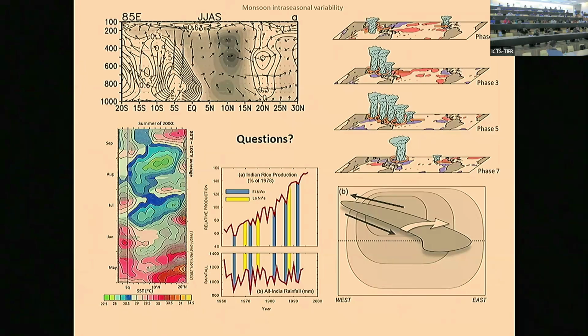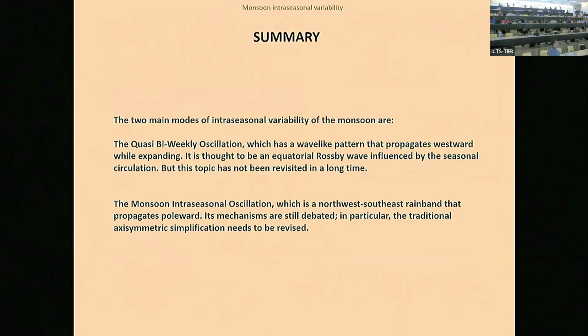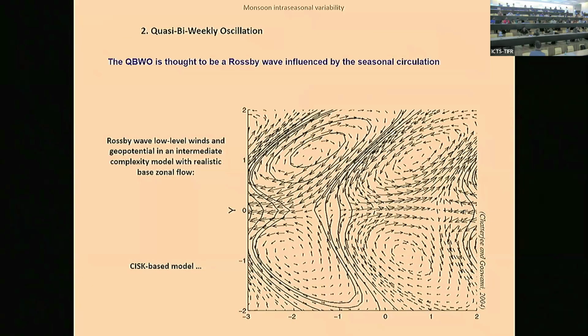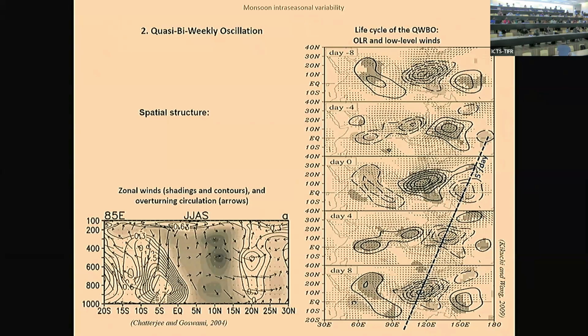It is true that, apparently, for the QBWO we do have something that propagates at the speed that we expect from a Rossby wave. So the mean flow, or base state, seems to influence the structure rather than the propagation. But yeah, if just the meridional gradient of humidity is enough to make a Rossby wave propagate eastward, then if you take the inverse gradient, you should have something that goes faster.